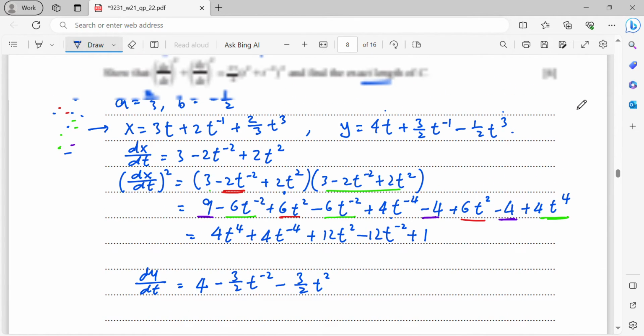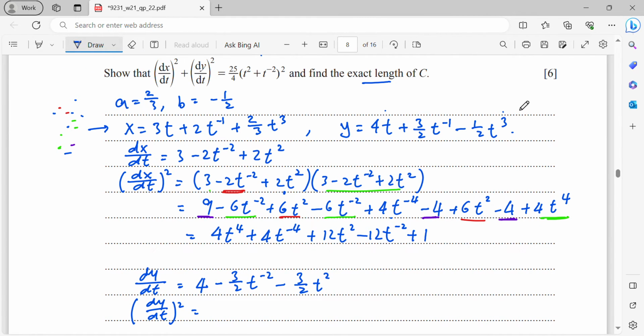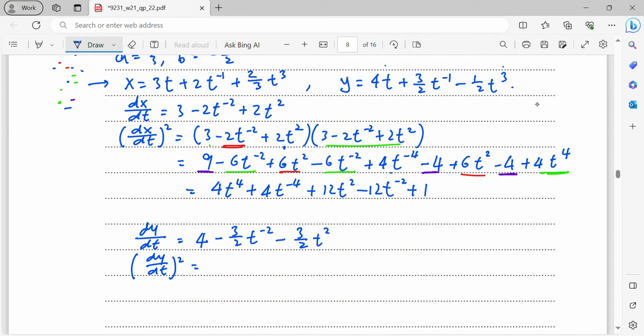And now here, I will square it. So here is going to be 4 minus 3 over 2 times t power negative 2 minus 3 over 2 t squared, then multiply by itself.